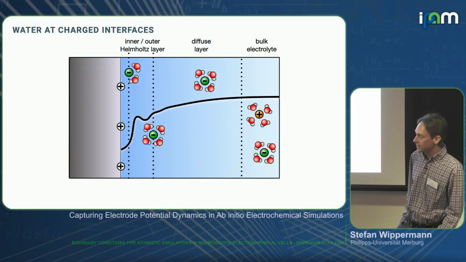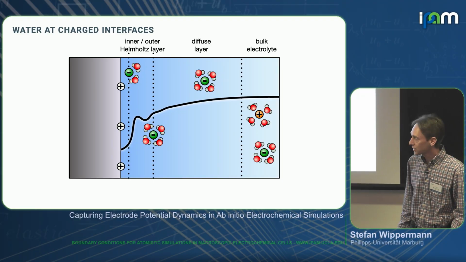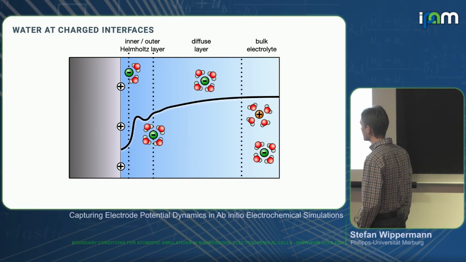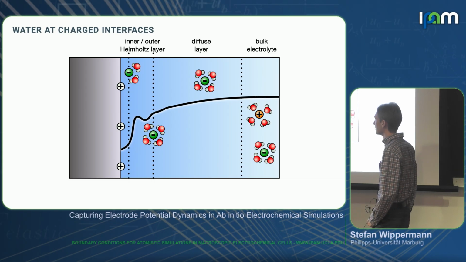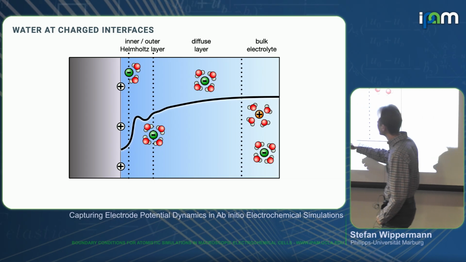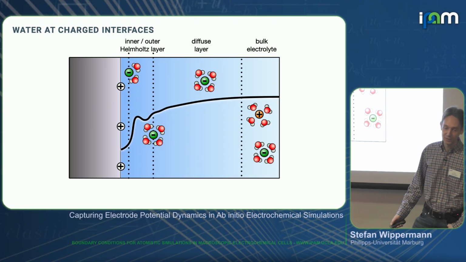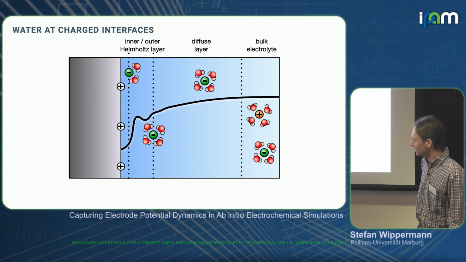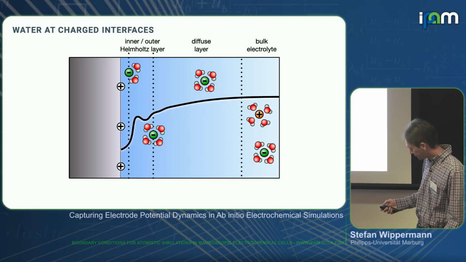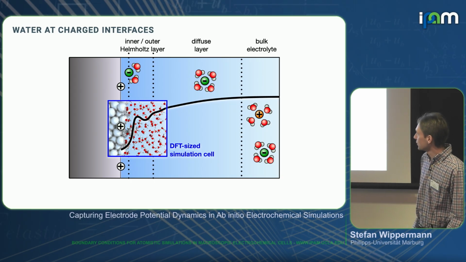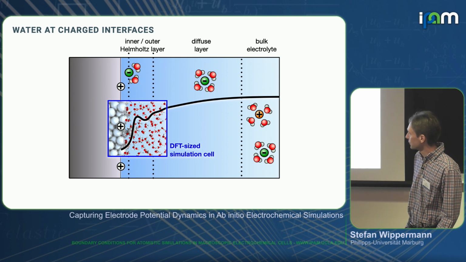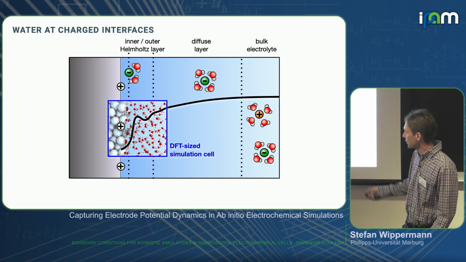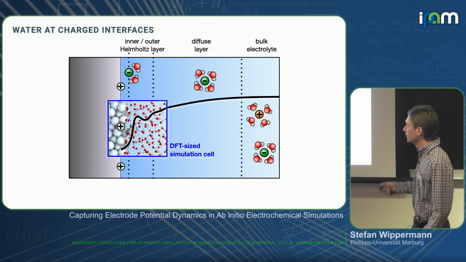And also, it's not really necessary that we simulate the whole system from first principles, because all the interesting bond-breaking, bond-making, the electronic dynamics, they go on right at the interface. And so our common approach is to focus on a DFT-sized simulation cell. We want to simulate from first principles only the interfacial region.